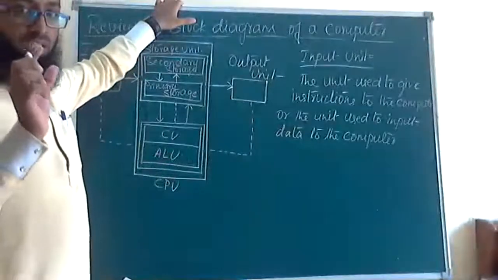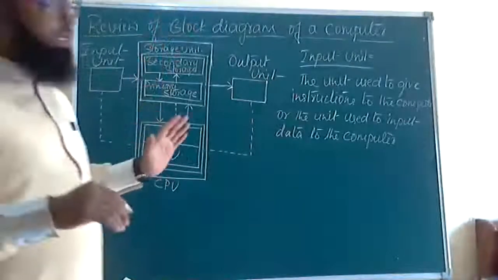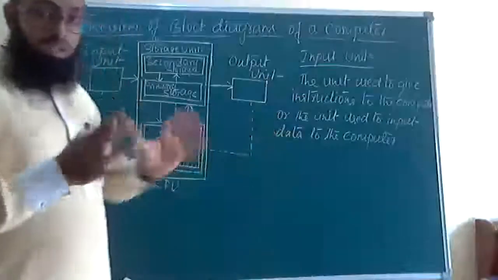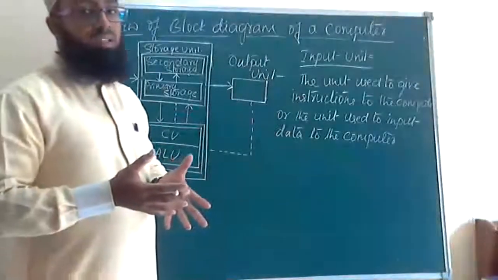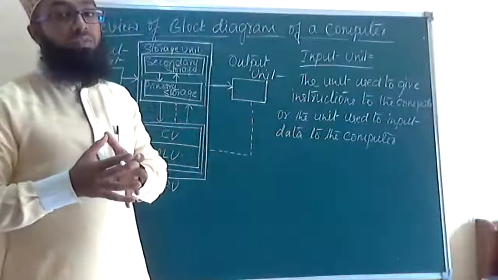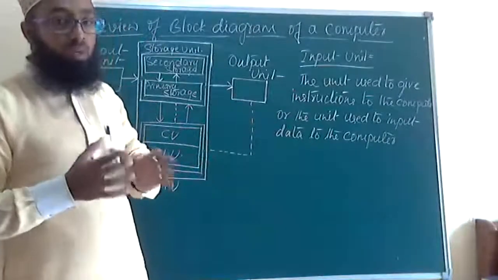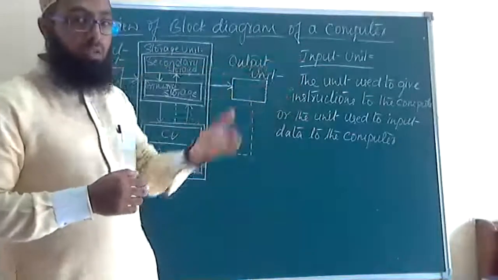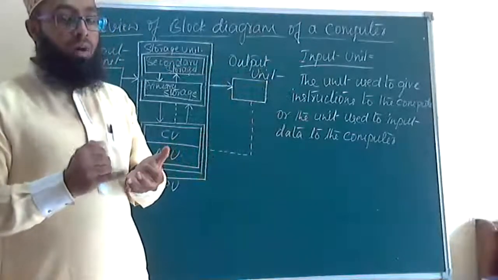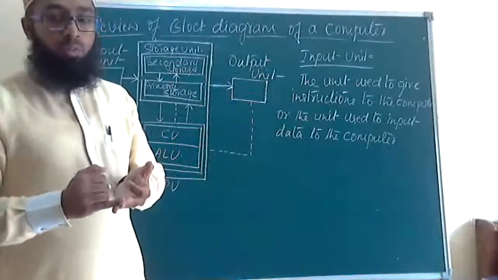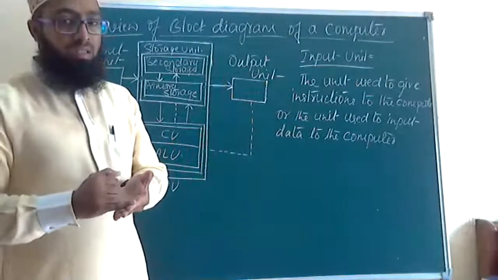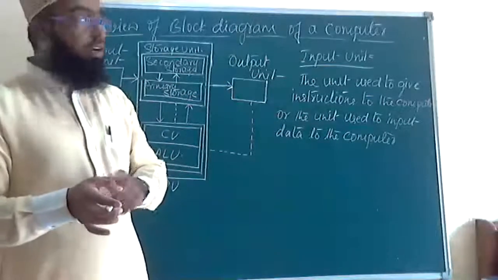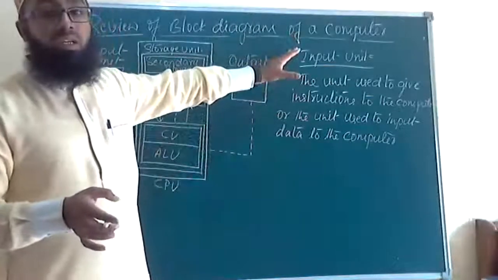Remember one thing, I am not asking you regarding input devices. The complete combination of the input devices will be called an input unit. Understood? The input devices like keyboard, mouse, webcam, mic, scanner, then joystick, all these things come under input unit.